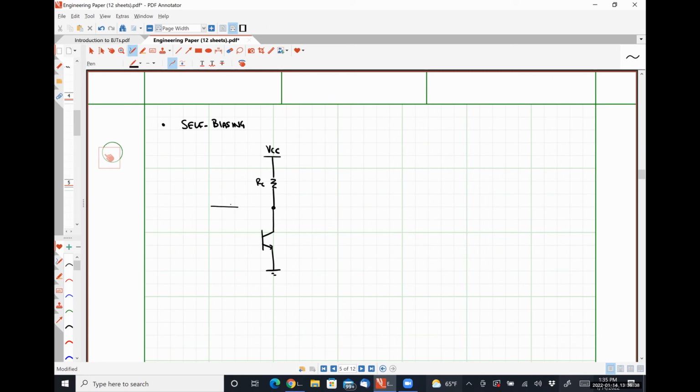And we're going to put a resistor here, RB, like so. Okay. So this voltage will be VBE. This current is IB. This current is IC. This current is obviously then IB plus IC, equal to the emitter current.